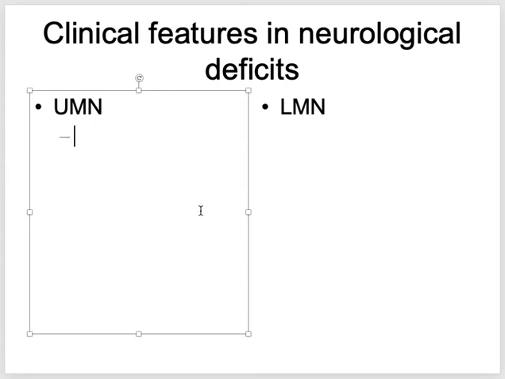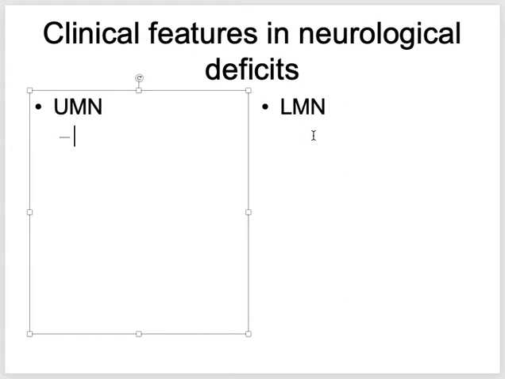Stroke is an example of some part of the brain running out of blood supply and not functioning properly. So stroke is a type of what kind of lesion? It's something in the central nervous system, in the brain. So stroke is an example of what? Upper motor neuron type of lesion.